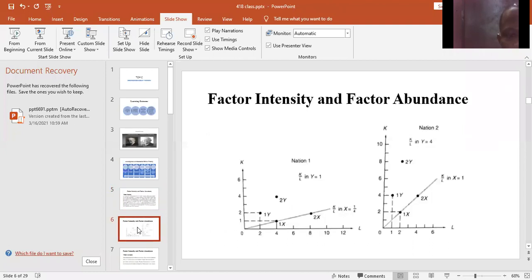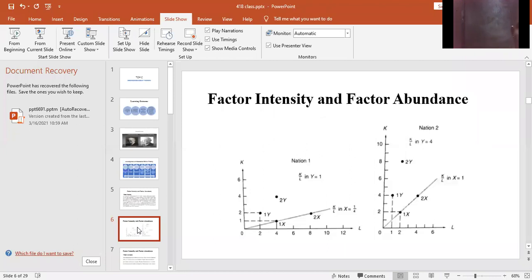And graphically, we can look at this graph on factor intensity and factor abundance. We have two graphs, one for nation one and one for nation two. In the first graph, there's a particular line that is not very clear, so let's start with it.